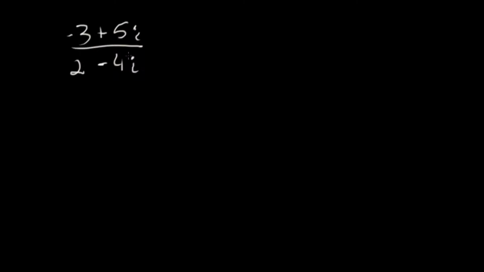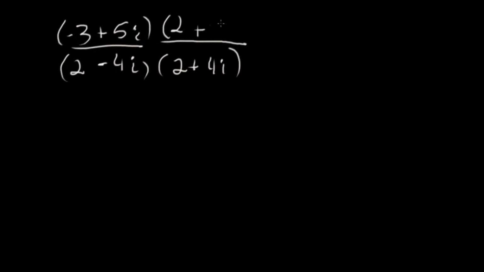All right, so if you think back to when we wanted to simplify quotients that had radicals, we multiplied by something called the conjugate. Here we call it the complex conjugate. So let's multiply the denominator and the numerator, thus multiplying by 1, thus not changing anything, by the conjugate of the denominator.